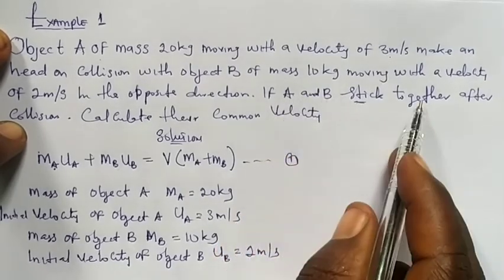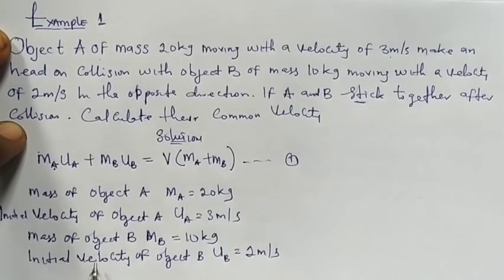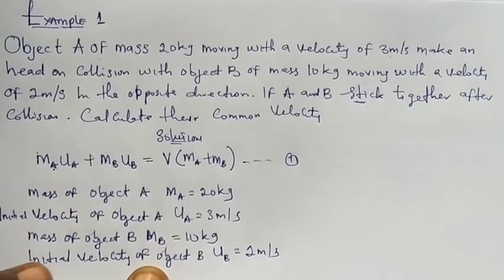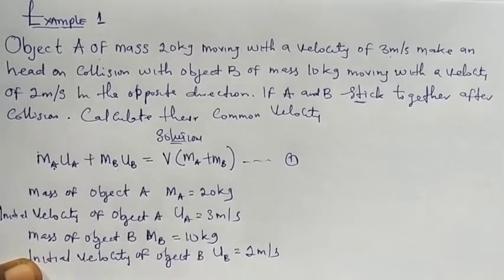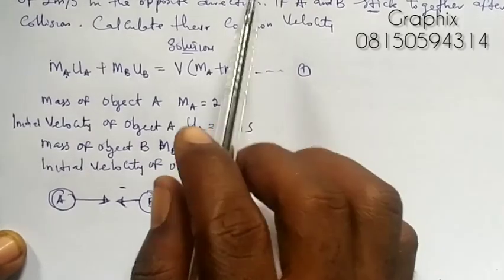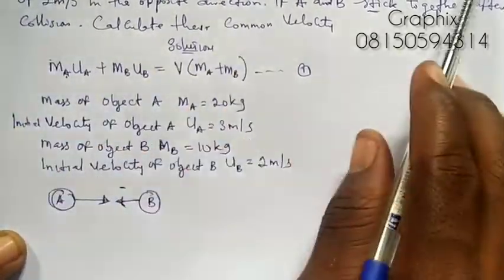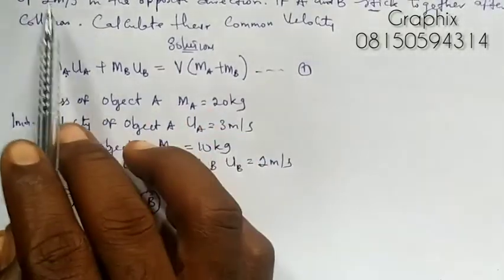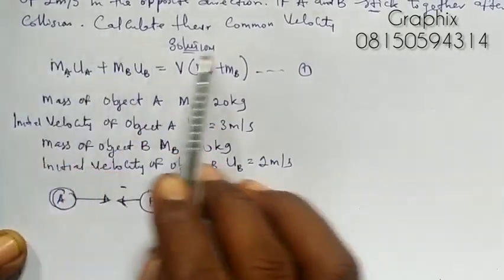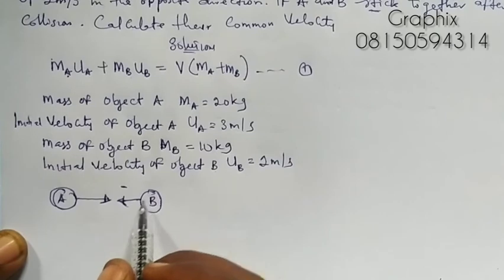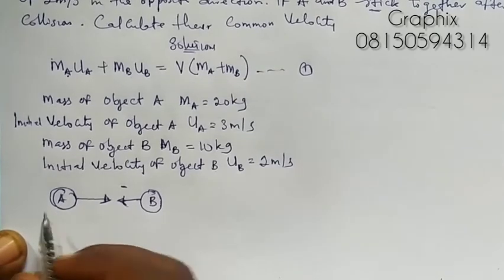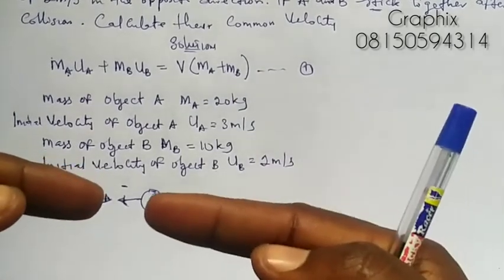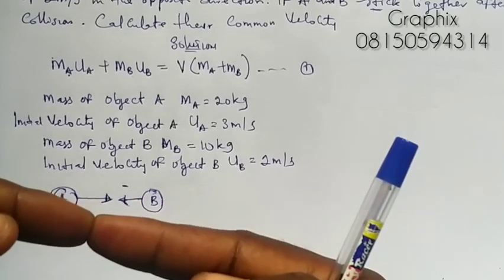So if A and B stick together, the keyword is that B is moving in the opposite direction. It made a head-on collision with object B of mass 10 kg moving with a velocity of 2 meters per second in the opposite direction. It means that object B is going against object A. They are opposite each other, right?